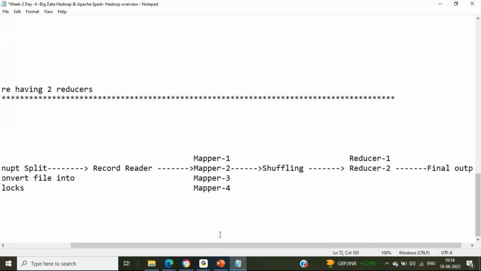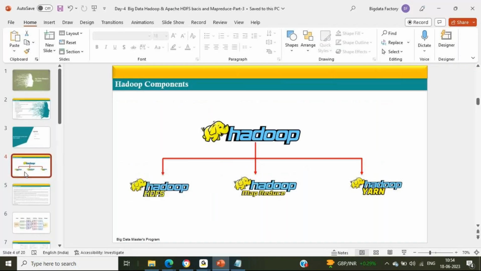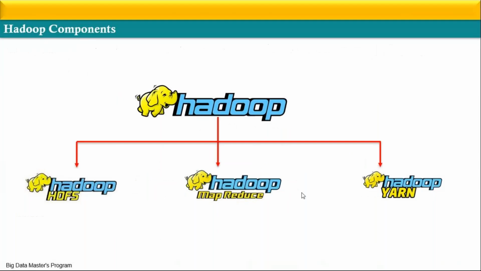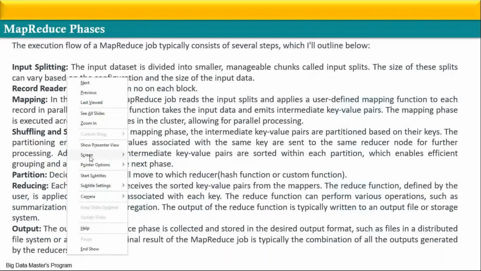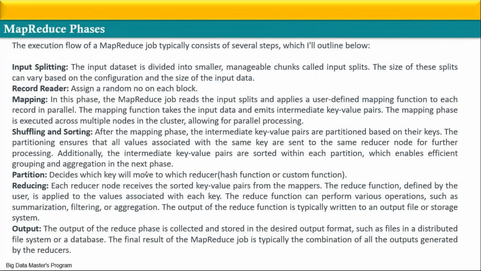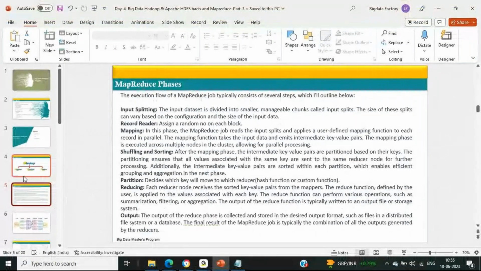Now let me show you one diagram, then things will be more clear and you will be able to correlate. These are the things we have discussed: what is the input split, the record reader, mapping, shuffling, sorting, partitioning.